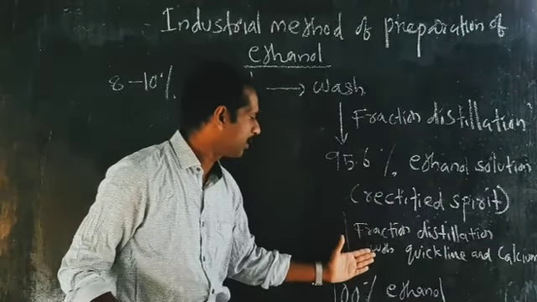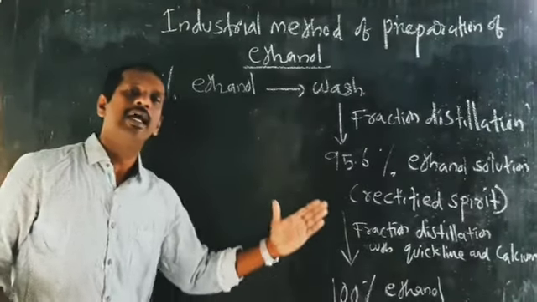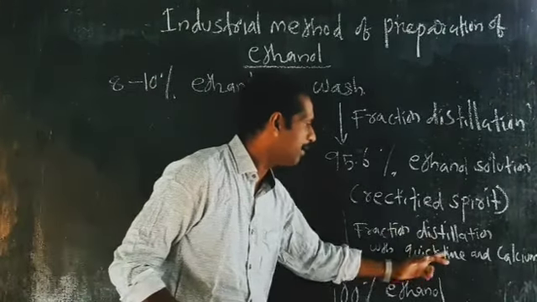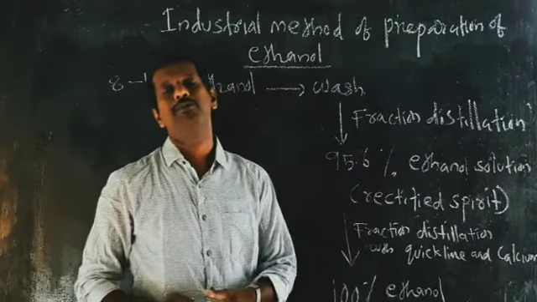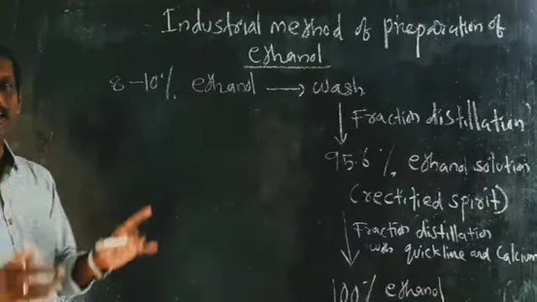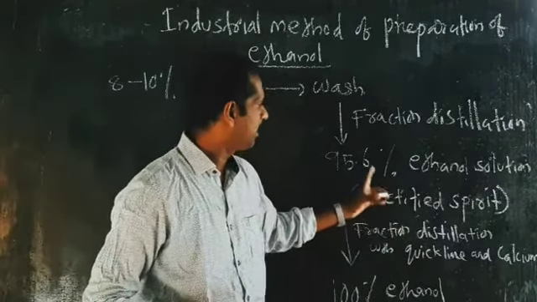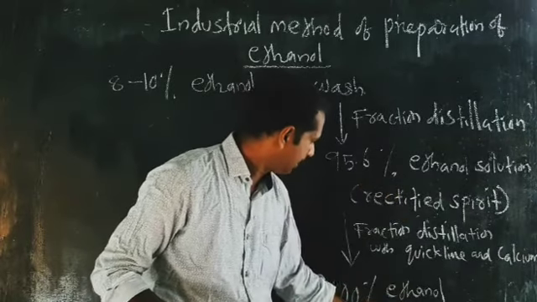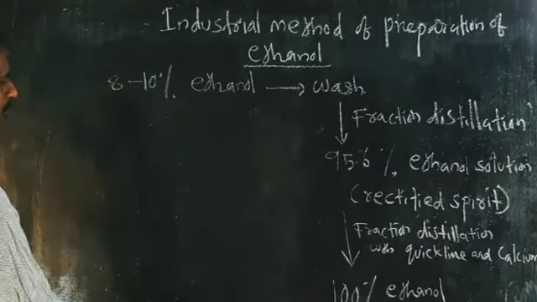Rectified spirit upon distillation with quicklime gives 100% ethanol, which is known as absolute alcohol. So all these points you have to remember: wash, rectified spirit 95.6%, and absolute alcohol 100% ethanol.